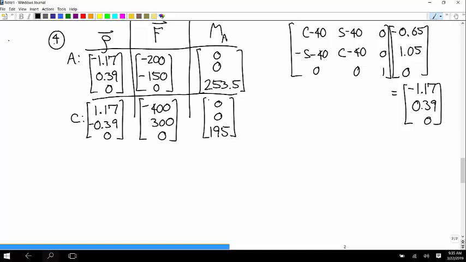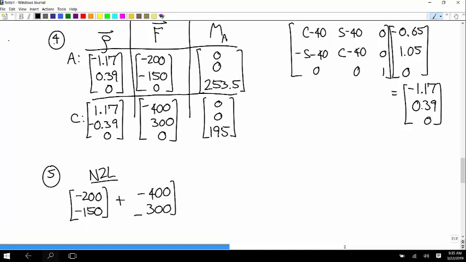Step 5 is Newton's second law. We don't always need to do that. Do we need to do it here? Yes. If something doesn't have a fixed point, you need Newton's second law. So Newton's second law says negative 200, negative 150, plus negative 400, positive 300 is equal to the mass, what was that, 682.5, times the acceleration of the center of mass.